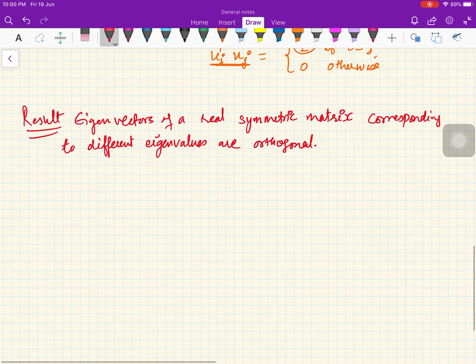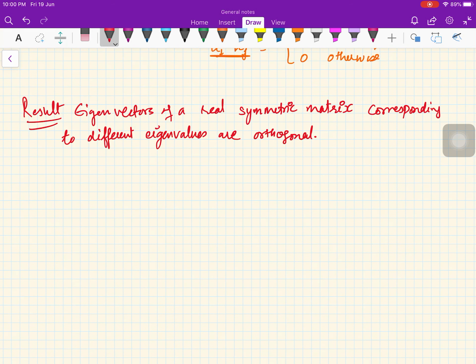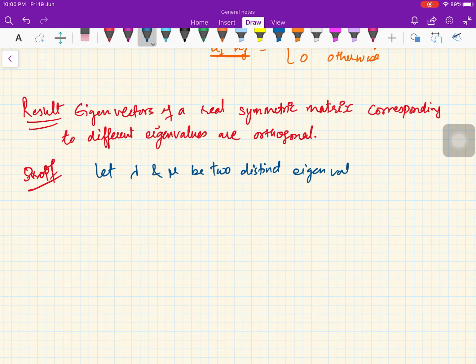Let us prove it. Let lambda and mu be two distinct eigenvalues of A, which is a real symmetric matrix.